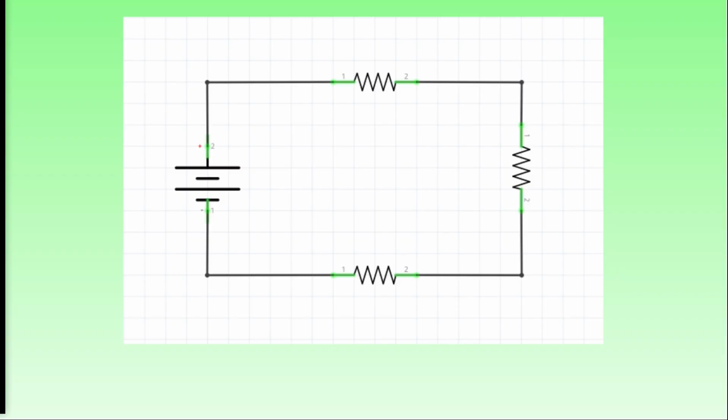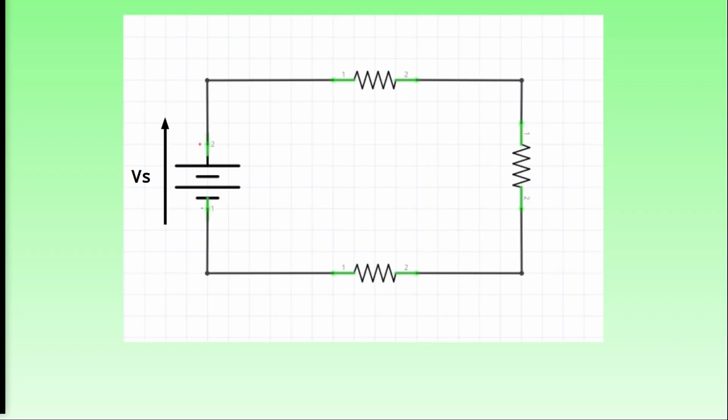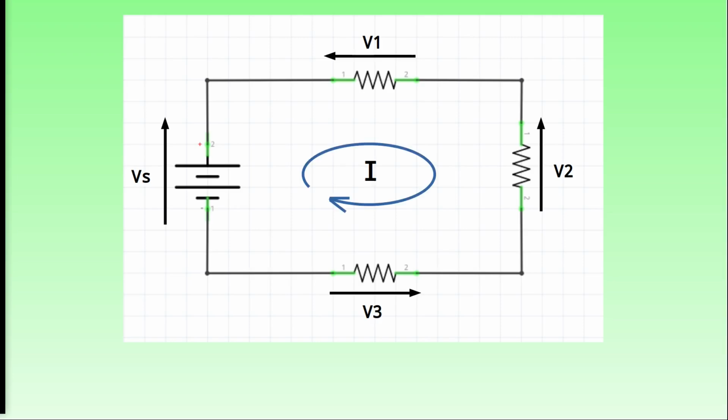In this simple series circuit, we have a source voltage Vs and 3 resistors with voltage drops V1, V2 and V3 across them. If we trace the loop, always in the same circular direction representing the flow of the current, going from the negative to positive terminal of the battery is a rise, and going across each resistor in the direction of current flow is a drop.